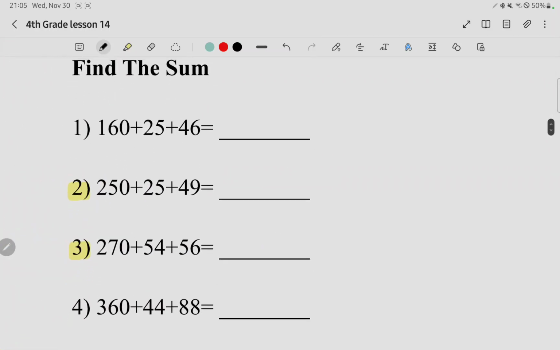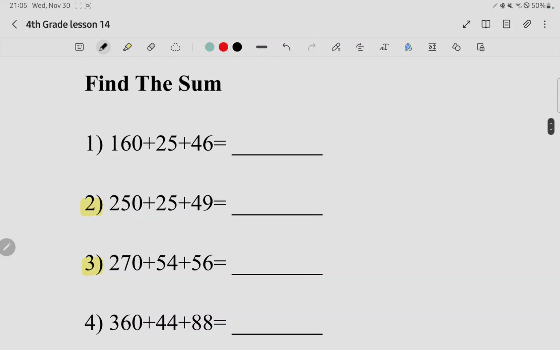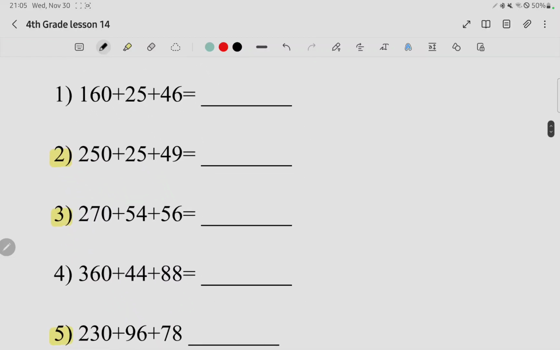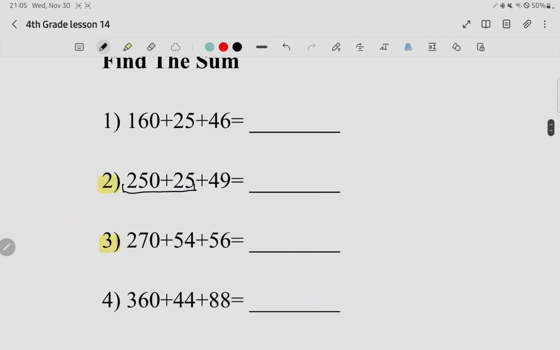Find the sum. So when you're adding, it is pretty much up to you, but you can write it in about the same format as division. So in this case, let's try to just add the first two terms. You can approach this in many ways, and you can just figure out that this is 275.